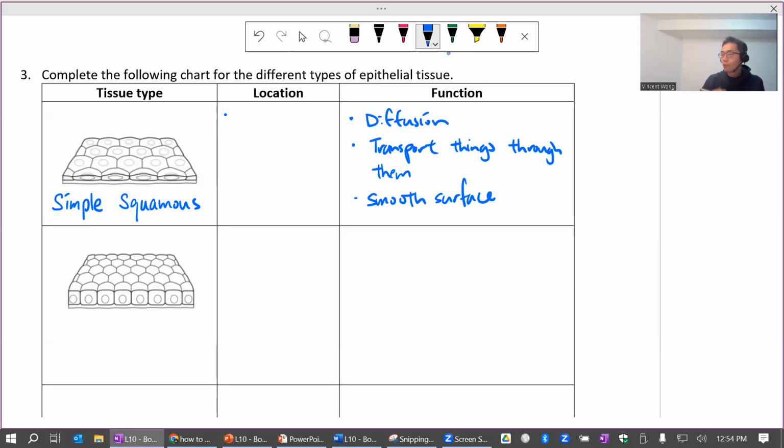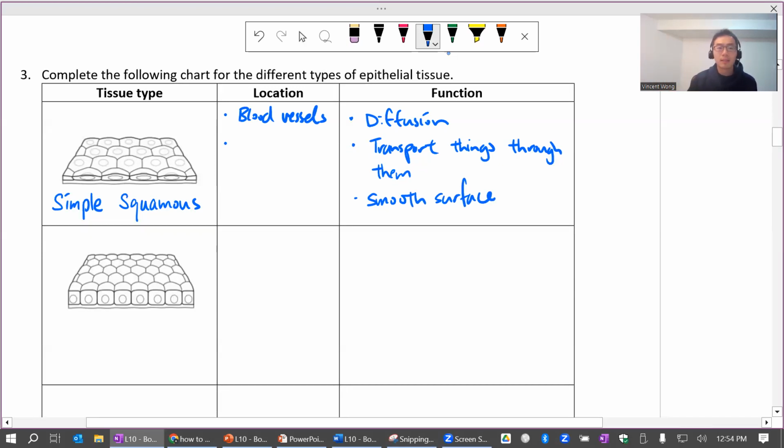Where do you want to transport things? Blood vessels? And where else? Where does gas exchange occur? Gas exchange, like oxygen?